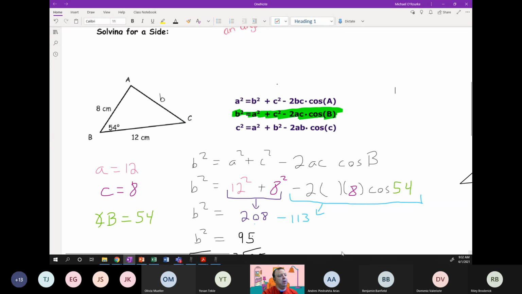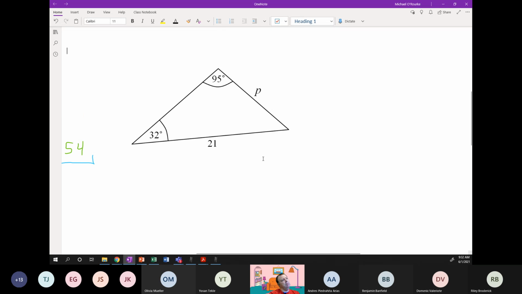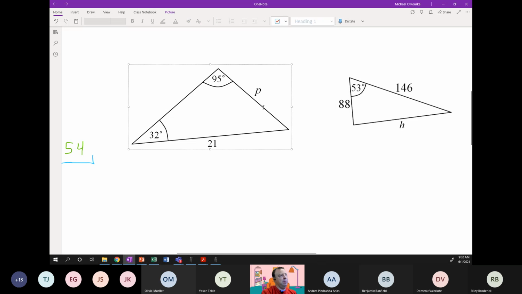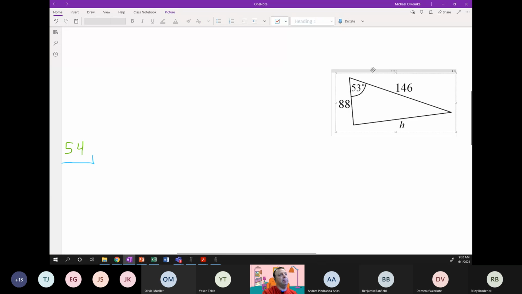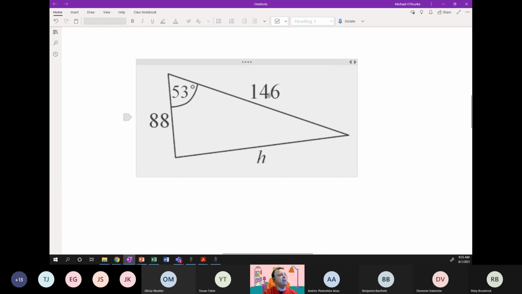I'll fix that after. Okay, so here's the same question, but that's a sine law question. Nothing's working for me right now. There we go. Copy this, paste that, put it here. All right, we can all see this question now. Sorry for the delay.